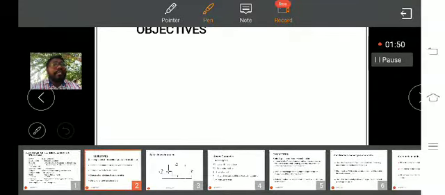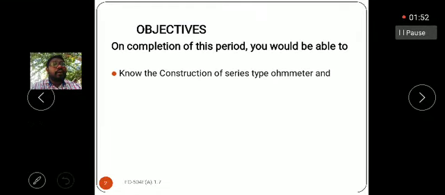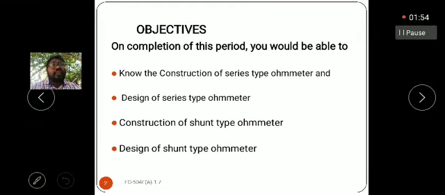The main content or main objectives of this presentation is to know the construction and design of the series type ohmmeter, and the construction and design of the shunt type ohmmeter.